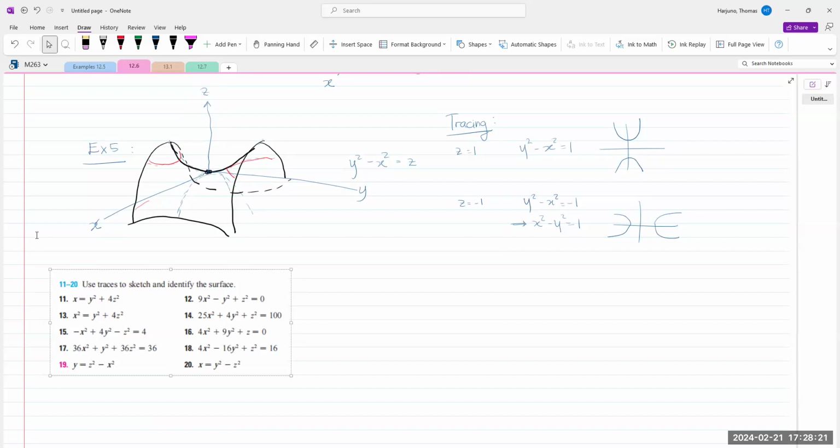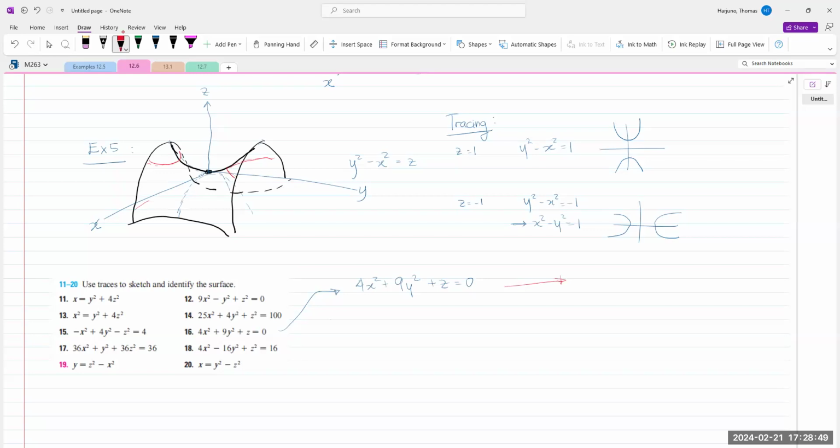So for example, let's look at this one. Suppose I randomly pick question number 16. I have 4x squared plus 9y squared plus z equals 0. What does that look like? Let's do some scratch work first.